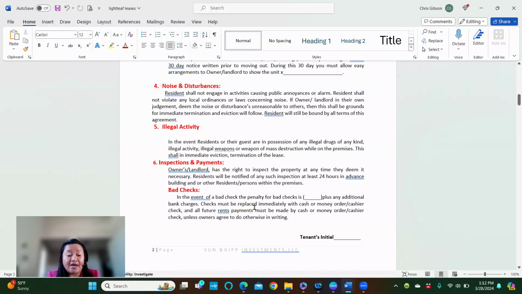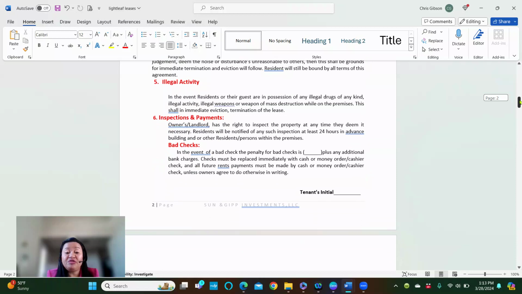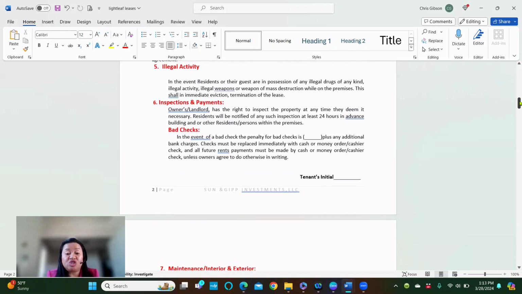But most of them pay with a money order or a certified check. We don't accept cash, so we accept money order, certified check, and some pay in the app. Here they must sign. Don't leave it blank; they must sign their initial name.